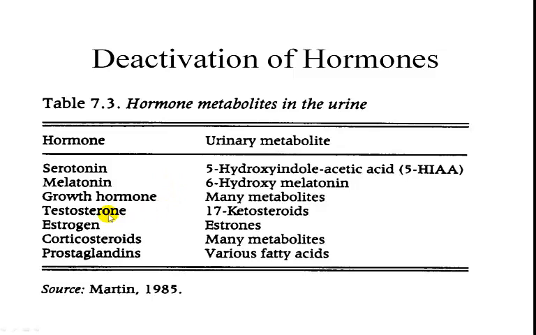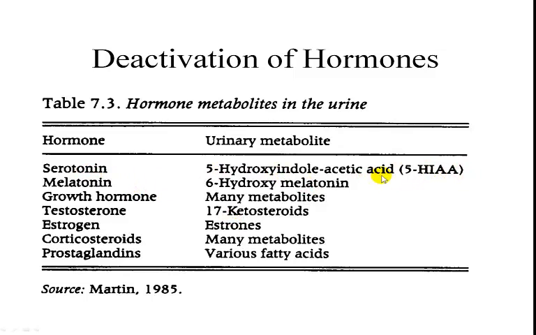Right? But some steroids are converted, like a 17-keto steroid, estrogens to estrones, and corticosteroids have many metabolites, prostaglandins converted to various fatty acids. These will not have plasma carriers, so they're most likely to stay in the urine, or at least produce an equal concentration in the urine as in the blood. That's why you can measure the concentration in the urine and have it be a biomarker for what's in the blood, right?